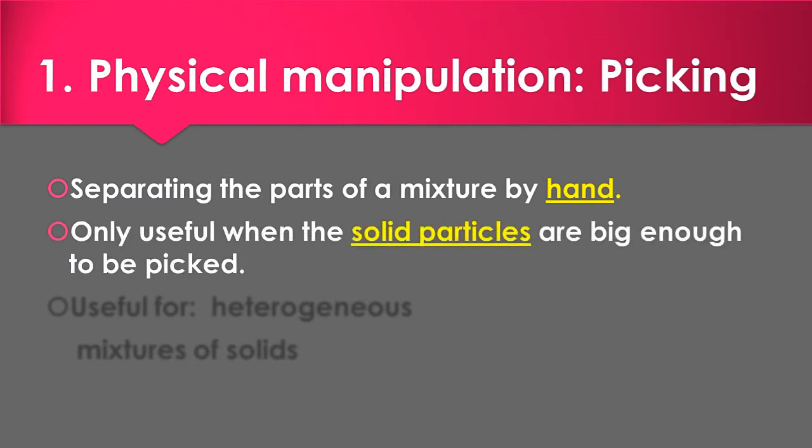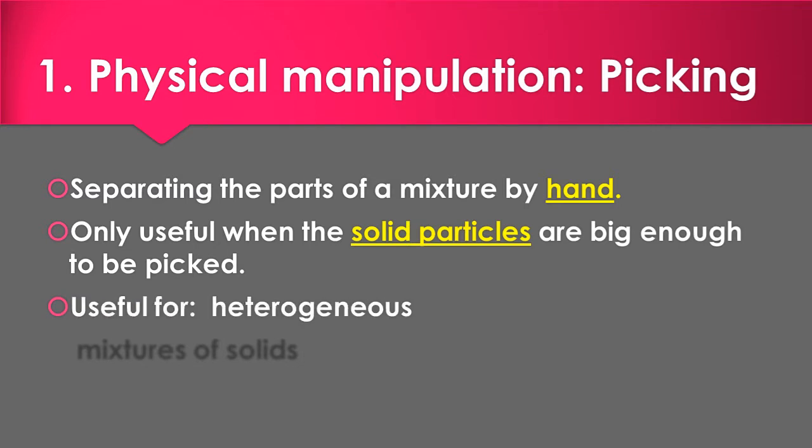So when can we use physical manipulation or picking? We can use it when we have solid particles that are big enough to be picked in a mixture. So it's useful for heterogeneous mixtures of big solids. But if the solid materials in the mixture are very fine or very tiny, it's impossible to use this type of method.